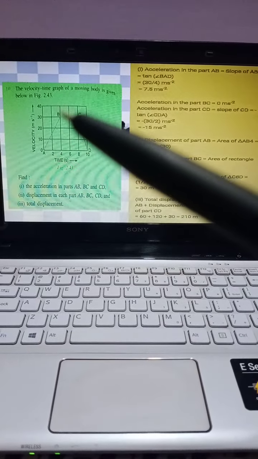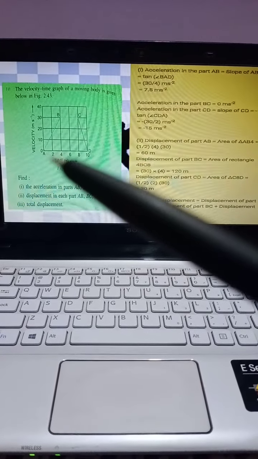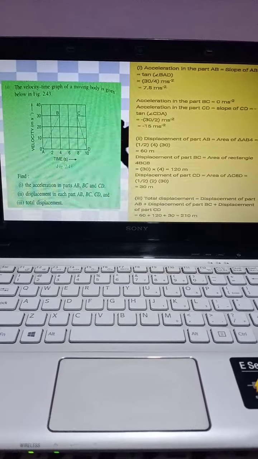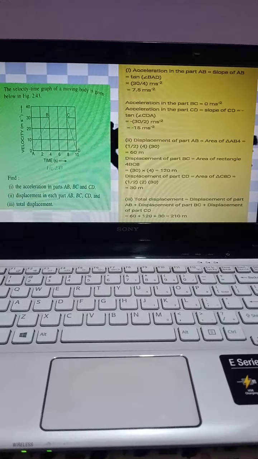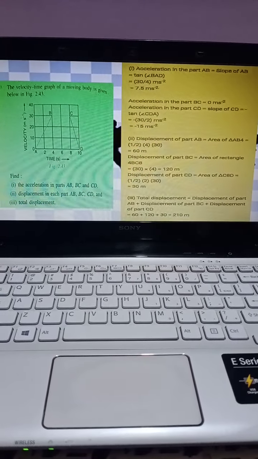To find the slope of AB, we have to divide this part from B to here by this part, which means 30/4. For B it is 30, and this part is from 0 to 4, so it becomes 30/4, which is 7.5 meter per second squared. Then for the acceleration of part BC, we can observe that this is uniform velocity, so acceleration becomes 0.